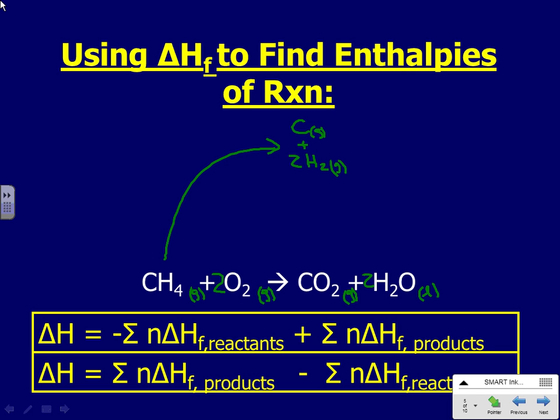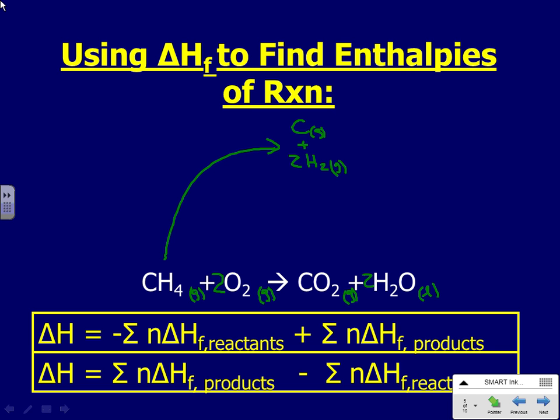So I'm going to be breaking it into its elements. I'm essentially going to do the reverse of a formation reaction. And this essentially is a formation reaction, except I've flipped it around. I'm breaking it apart. It's the opposite of a formation reaction.